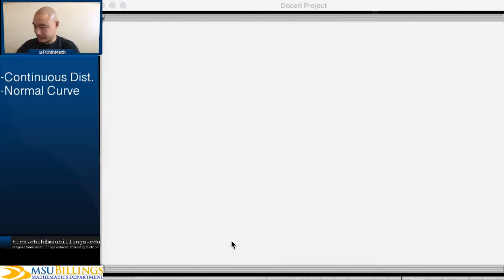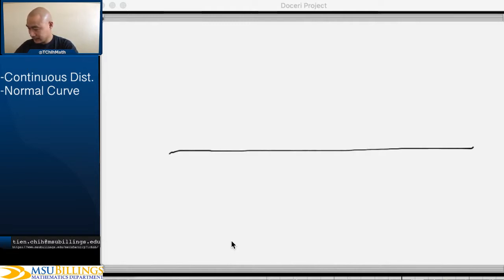Well, the normal distribution is a curve centered at 0, heading to both negative and positive infinity.